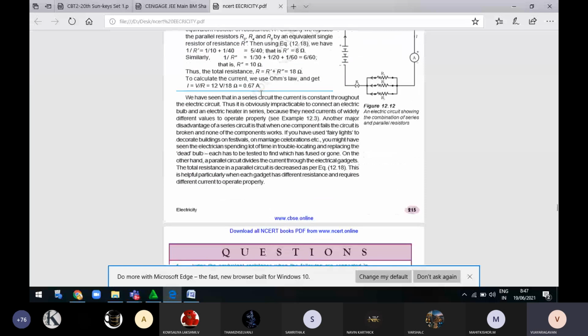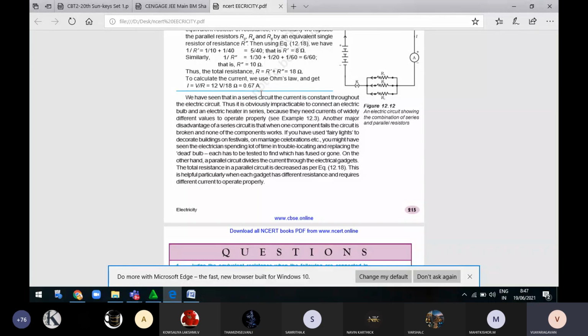The total resistance in a parallel circuit is decreased as per equation 12.18. What is equation 12.18? It says 1/RP = 1/R1 + 1/R2 + 1/R3. If it is connected in parallel, the resistance will be decreased. This is helpful particularly when each gadget has different resistance and requires different current to operate properly.